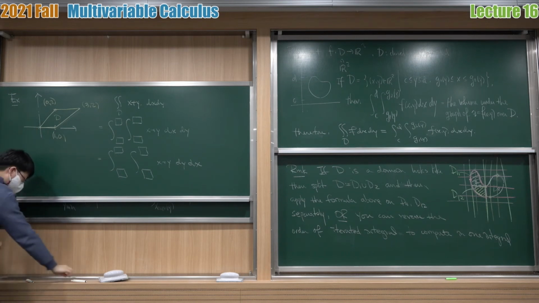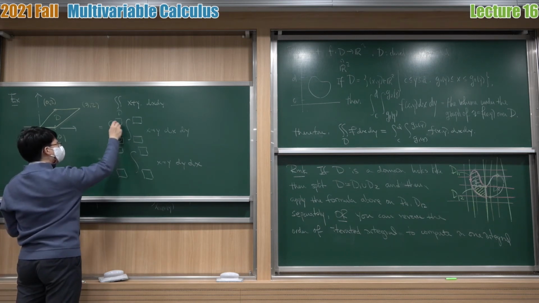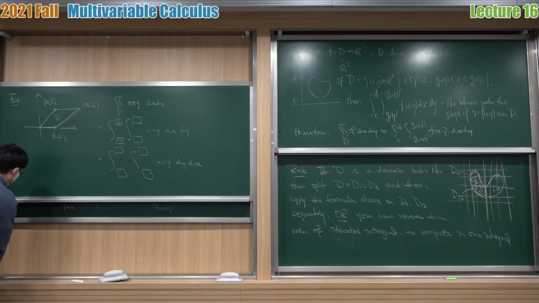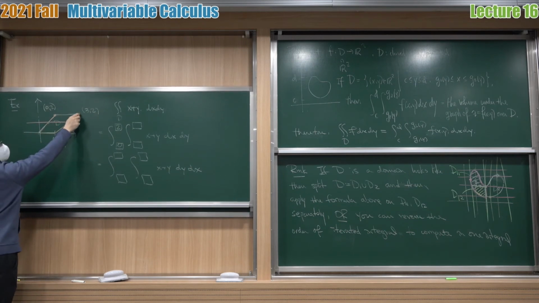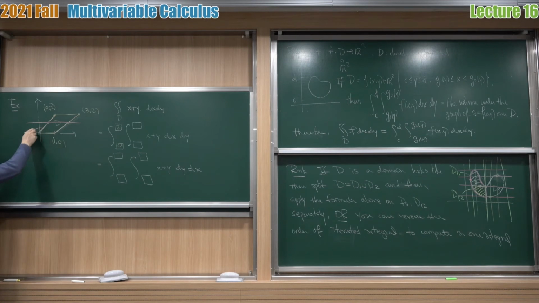Okay. So 0, 2. And then for each y, you find where your x runs. So basically, this line is the minimum of x. What is this line? This is y equals 2x.